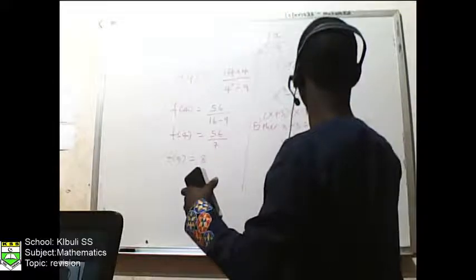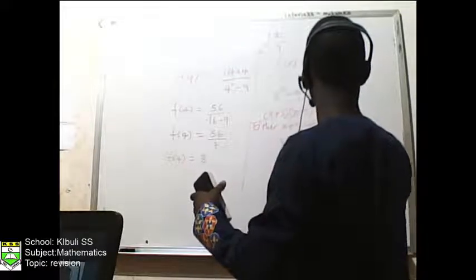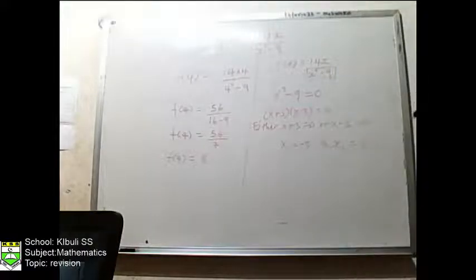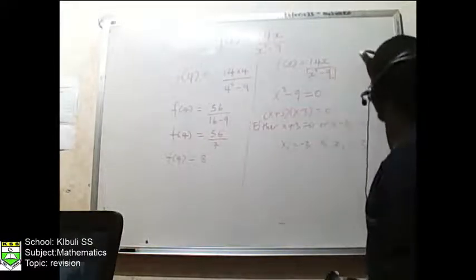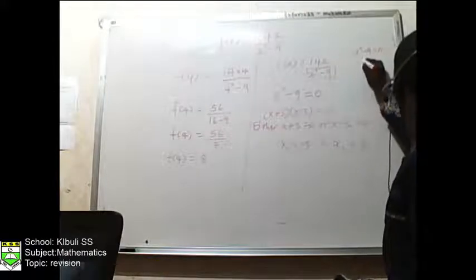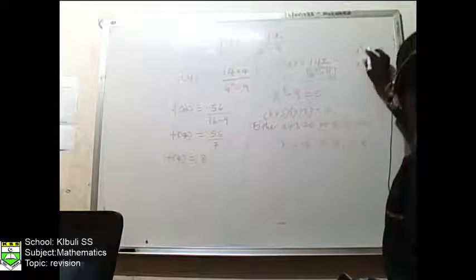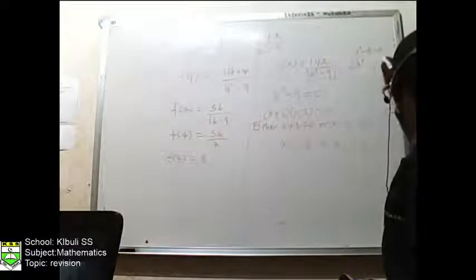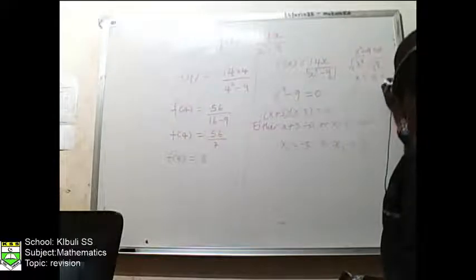So x1 is equaling to negative 3, and x2 is equaling to 3. Or another person can get it from here and say that x squared minus 9 is equaling to 0. Transfer this 9. x squared is equaling to 9 when it comes this side. It is 0 plus 9, which is 9. Square root. So x will be plus or minus 3.